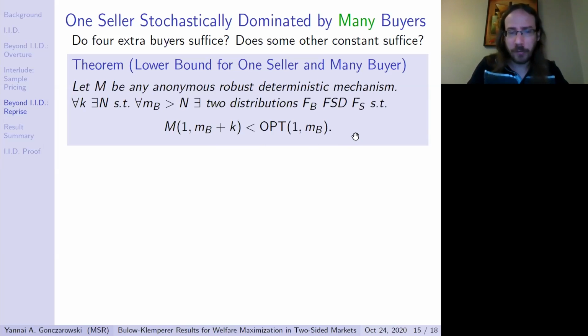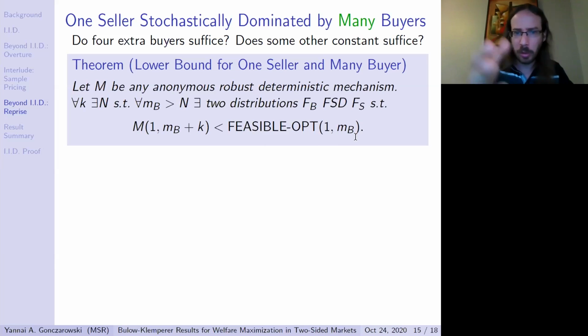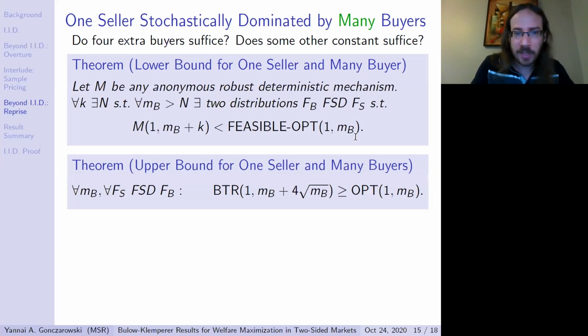We do show, however, on the positive side, as usual, we also show this for the second best, that there is a number of buyers that you can add that depends on the initial number of buyers. So if you have MB buyers to begin with, if you add at least 4 square root of MB buyers, then you're fine.